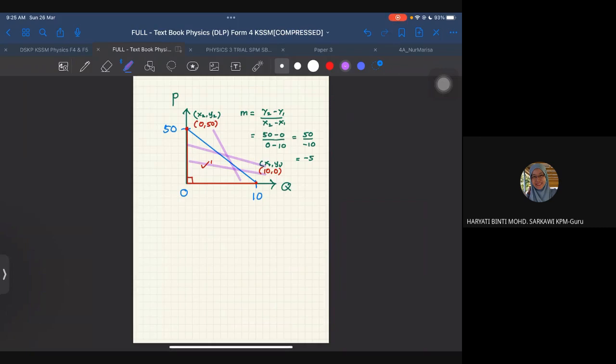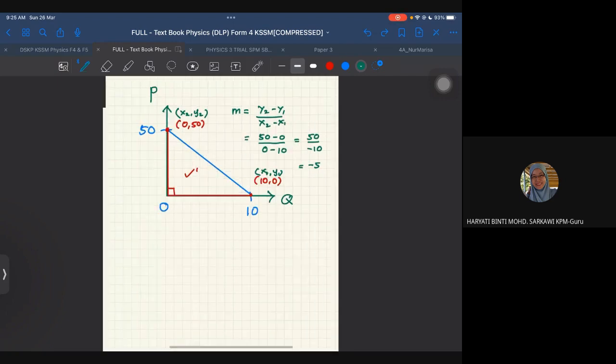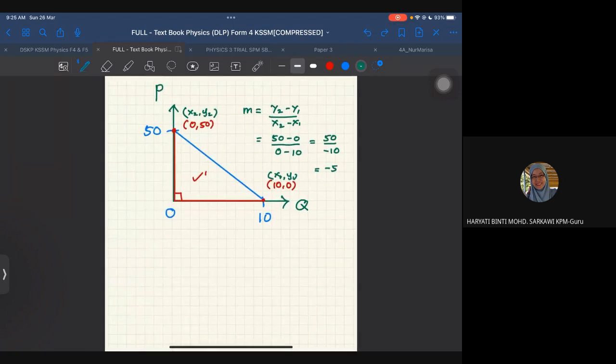Yes? Okay, now for this graph, what will be the equation? What is the equation for this graph? Using what we did just now, y equals mx plus c. We are using the p and q axes now.